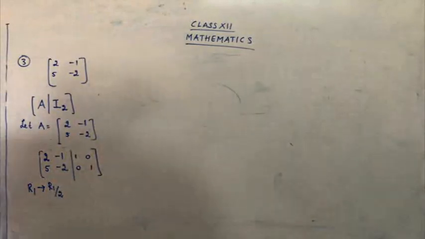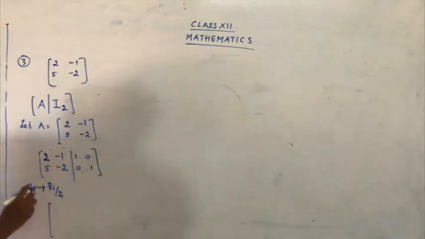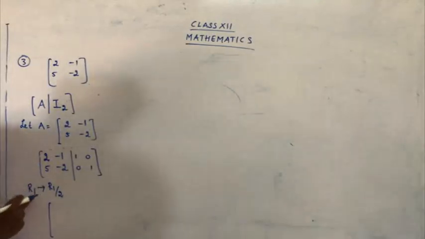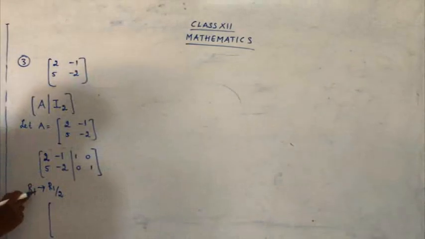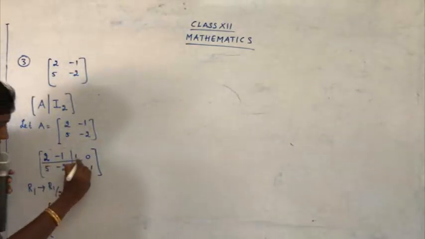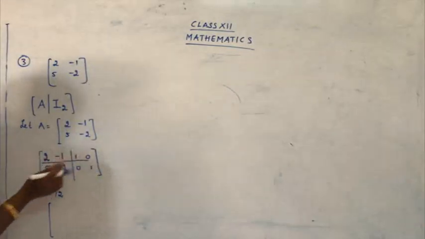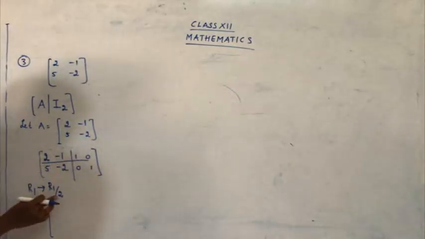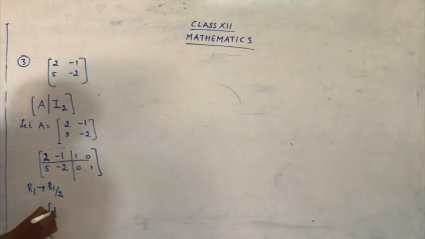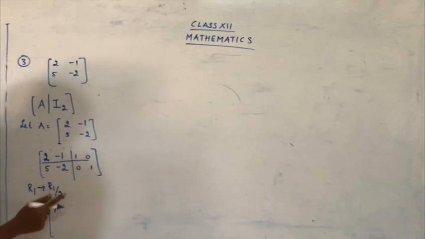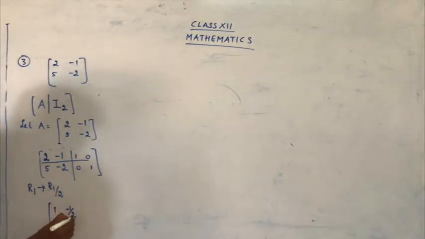Let's see the next step. When you apply this change, what do you get here? Only R1 is changing. When you are considering R1, we have to consider the whole row; we cannot stop at the A part. So what is that? 2. 2 upon 2 gives you 1. What is the next number here? Minus 1. Minus 1 upon 2.